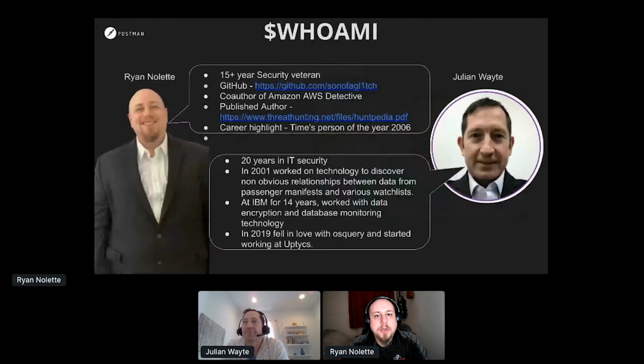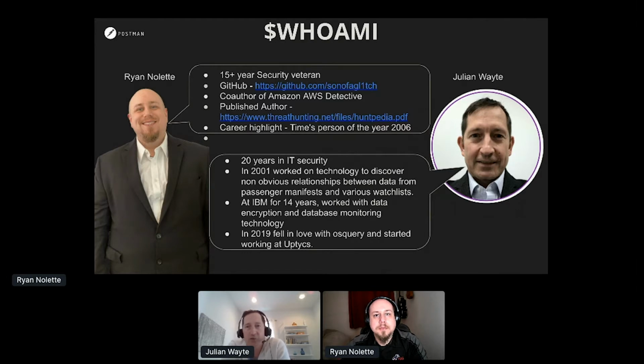All right, awesome. So my name's Ryan, at least that's what my mom tells me, and I've been working in security for about 15 years. I'm the co-author of AWS Detective, as well as a published author on threat hunting and incident response. And this is my colleague Julian, and I'll let him introduce himself in his own words. Hi, everyone. I've got about 5 years on Ryan and started working in Las Vegas in CRM and then moved to technology for security that was detecting non-obvious relationships between lists and manifests.